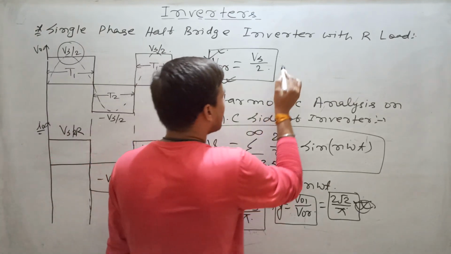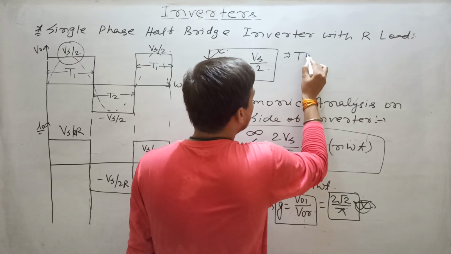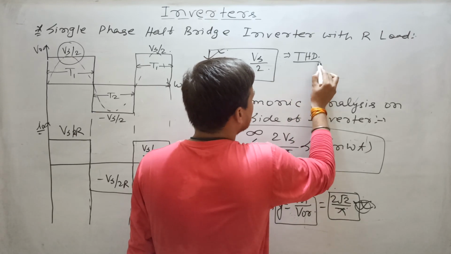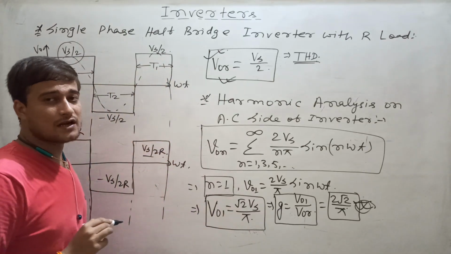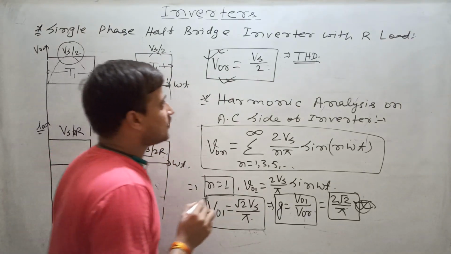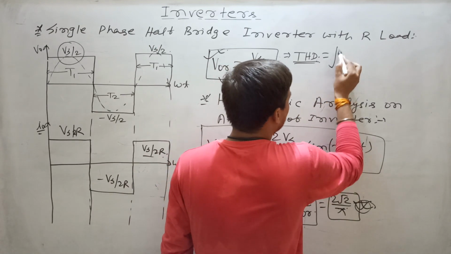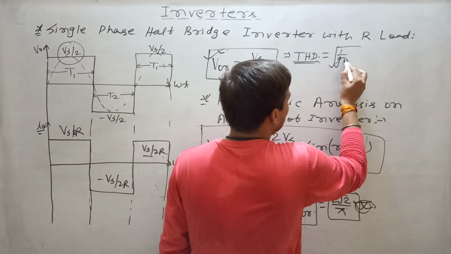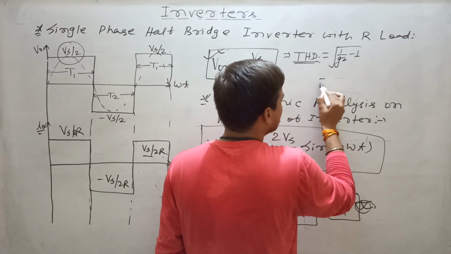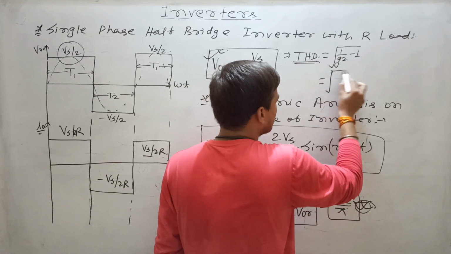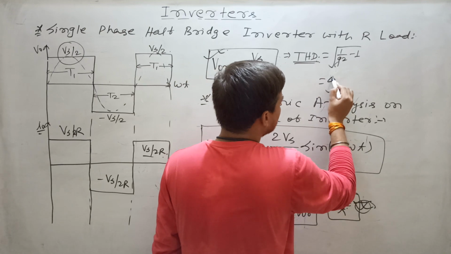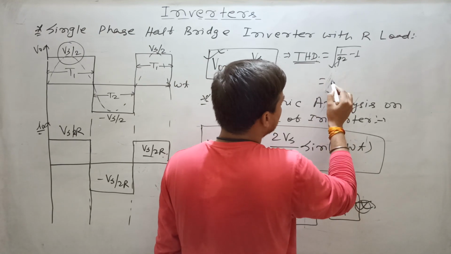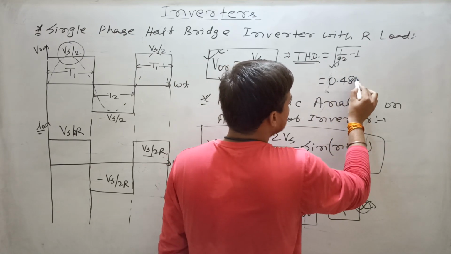So if the distortion factor is now known to you, then you write the total harmonic distortion, because THD is only the measurement of harmonics present in the system. So THD is equal to how much? Its formula is 1 upon G square minus 1, under a square root. From here you will get 0.4834.